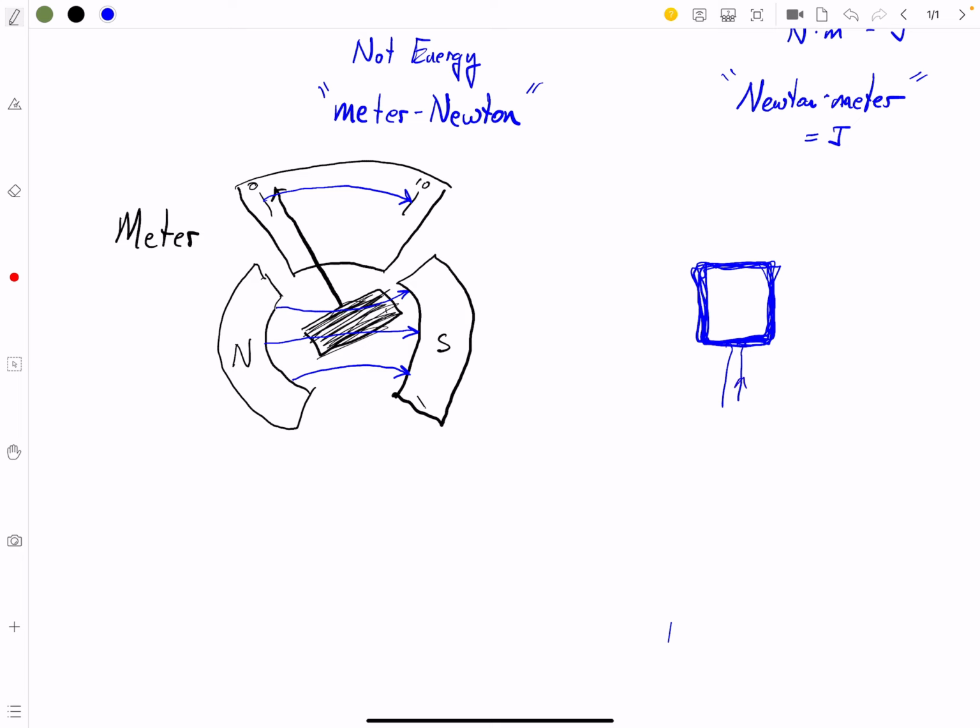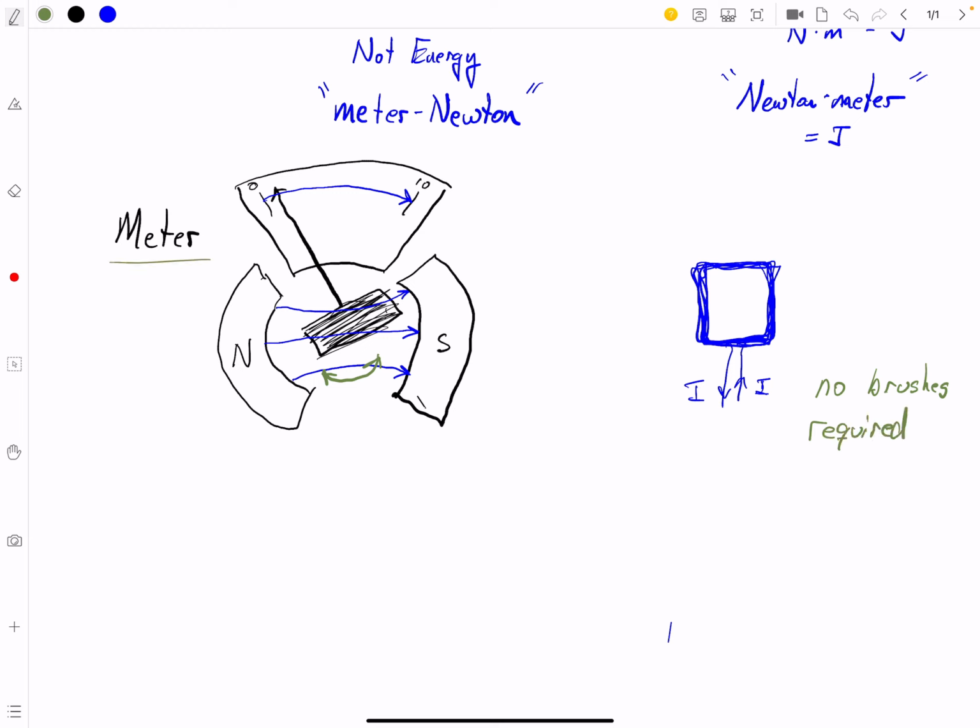We're going to run in here, out there. There's no need for brushes or anything, because all we're doing is going back and forth in this way. We're going a little bit that way and a little bit that way. So the current never has to change directions in our loop, and that means we don't need brushes. So no brushes required.